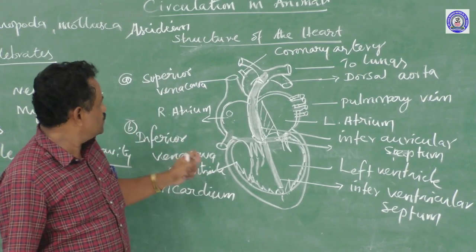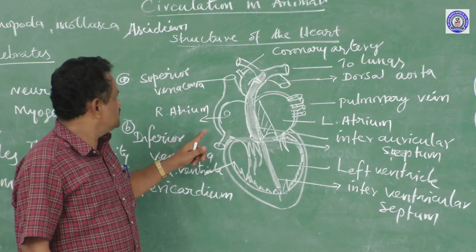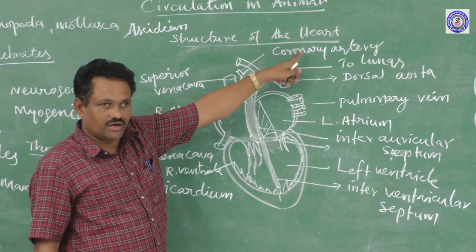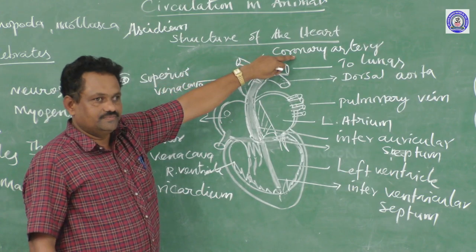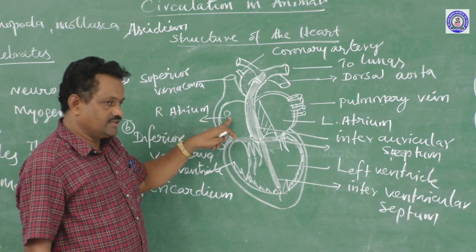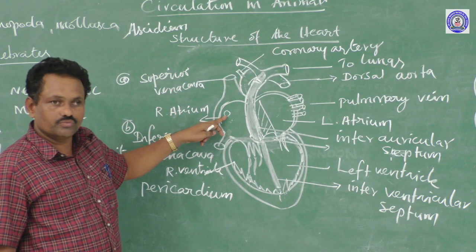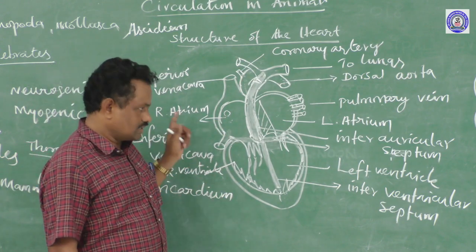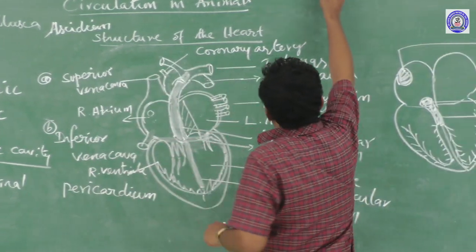So it is a very unique and special type of muscle which is supplied more oxygenated blood by the coronary artery. As I said earlier, after oxidation, the deoxygenated blood is carried back to the right atrium through the coronary sinus.